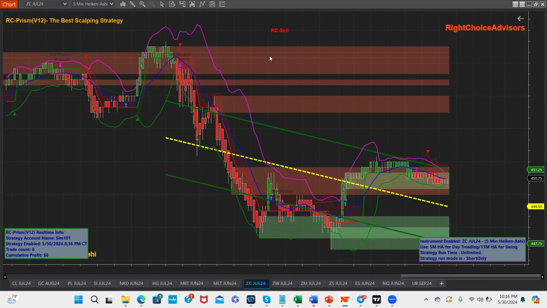Sim account is already part of Ninja Trader, so you don't need to do anything. Sim account is like a paper account in Ninja Trader.